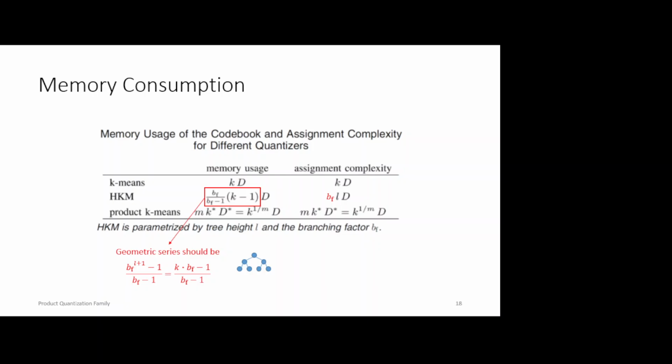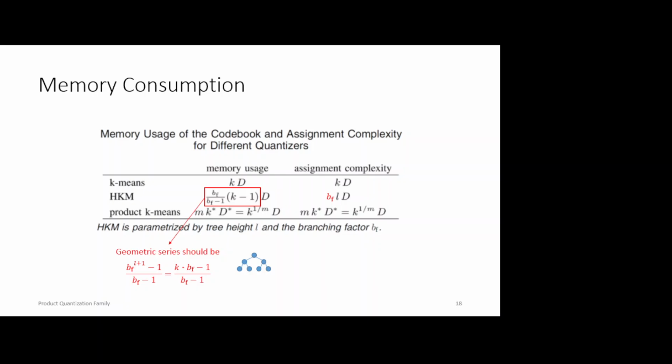All the nodes you have to keep in your memory. So in total, the number of clusters is this, and each cluster dimension is D, so it should be this term times D. So here they gave a wrong analysis, so I corrected it.